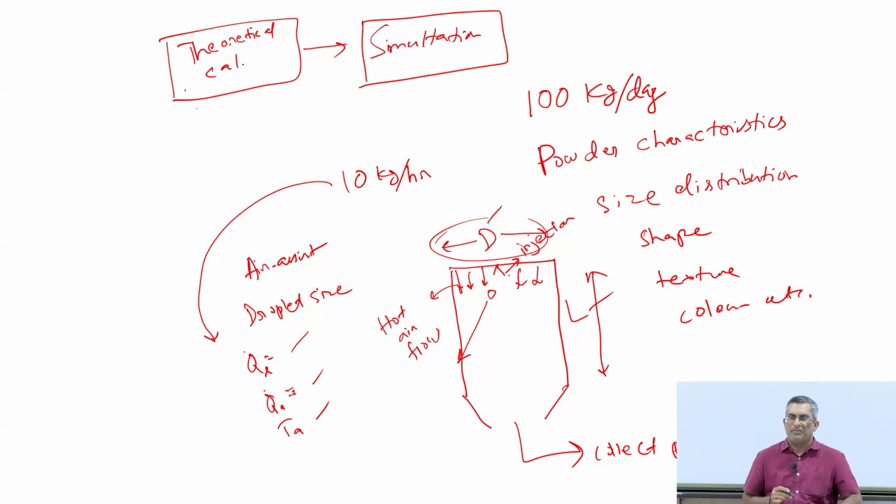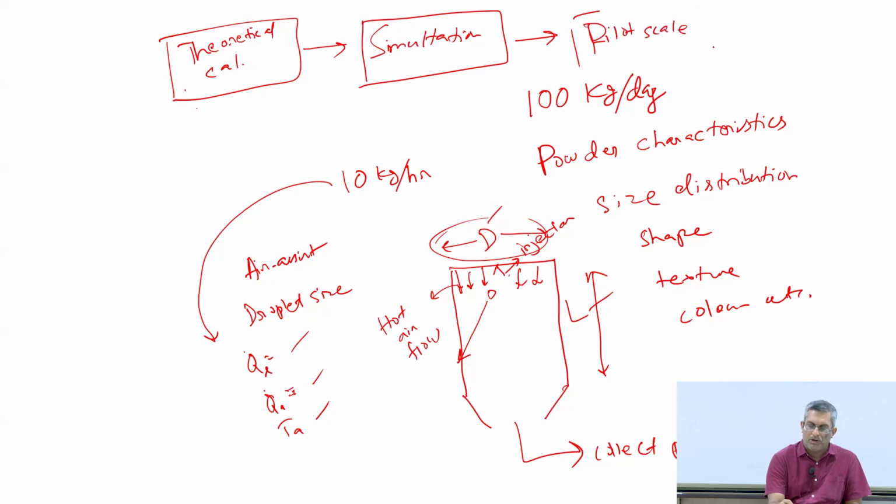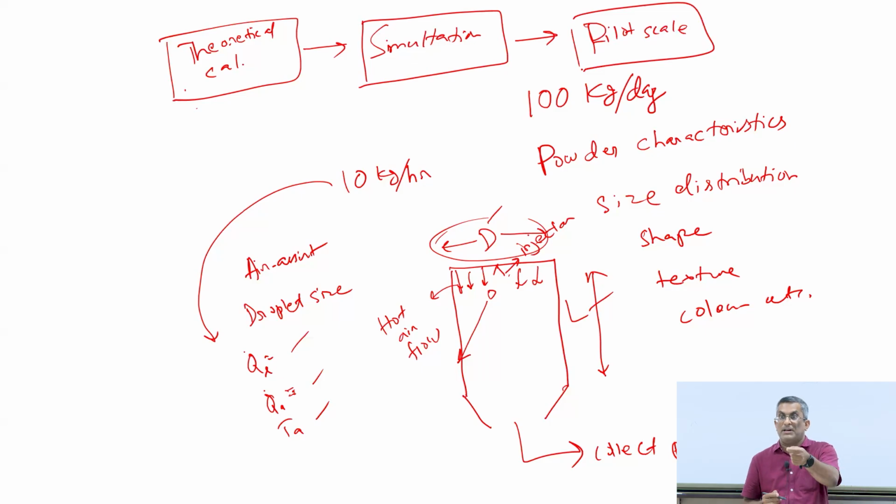And once you perform the simulation, then you can make a prototype or say pilot scale and do the actual testing. For example, you can collect the particles and see the particle size, particle characteristics, particle texture, color. But unfortunately, this kind of flow that I have shown here is practically not possible always.